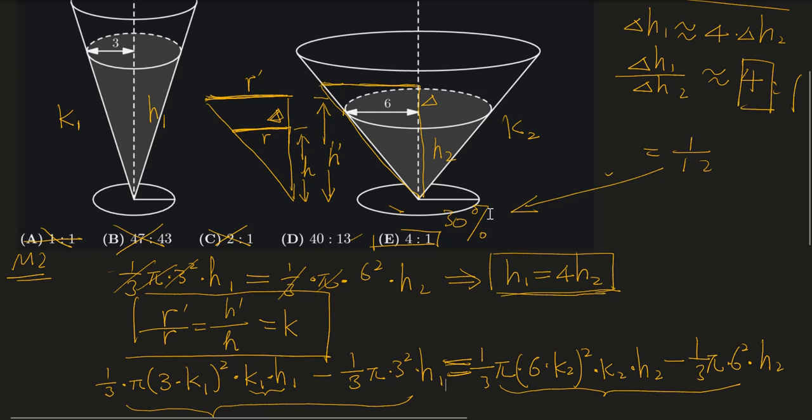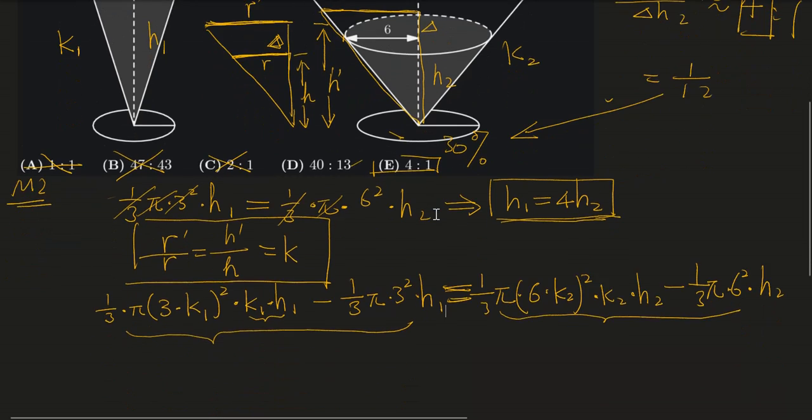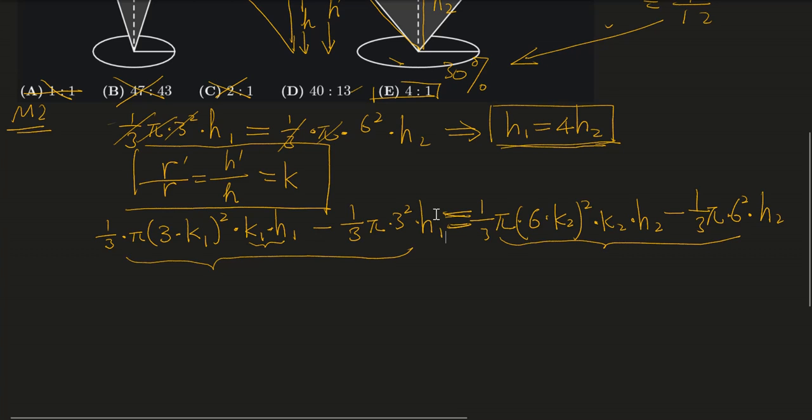So let's simplify this equation a little bit. It may look very messy, but actually we can cancel out a lot of terms. First, let's look at the left-hand side, at the first item and the second item. Let's compare them.